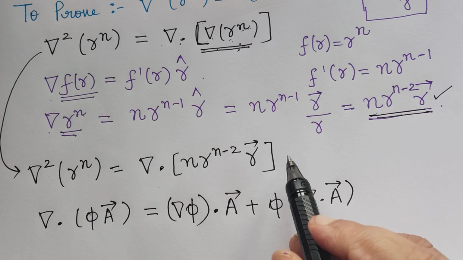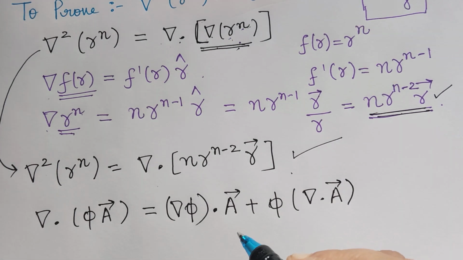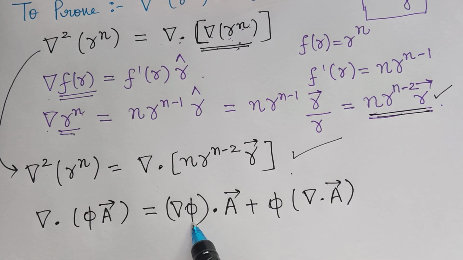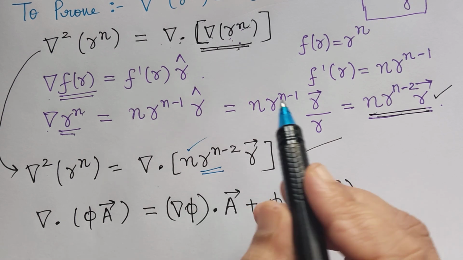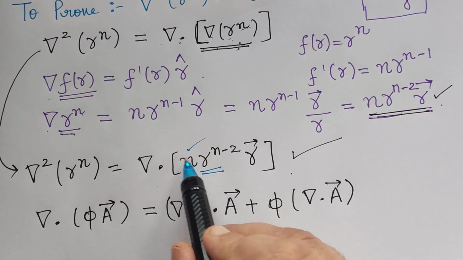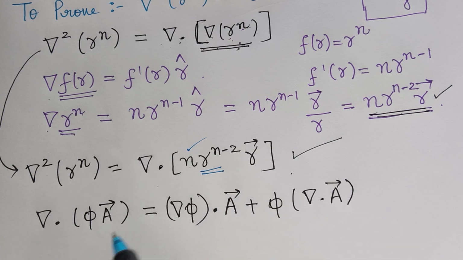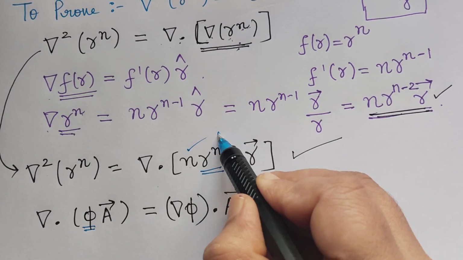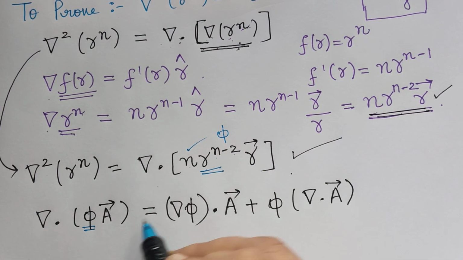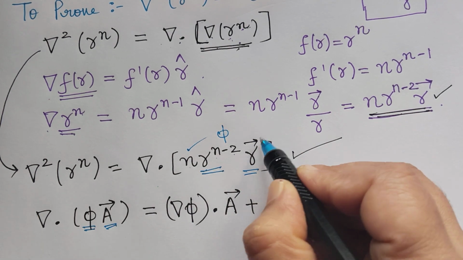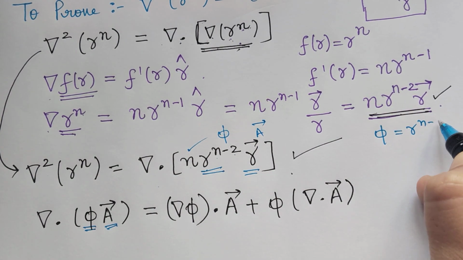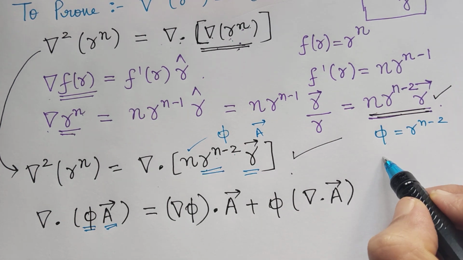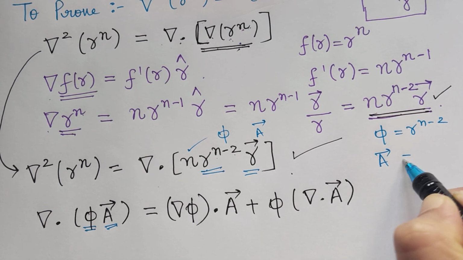Now we are going to make use of this here. At the place of phi, we have r to the power n minus 2. This n is a constant which can be taken out common. So phi is r to the power n minus 2, and a vector is r vector.